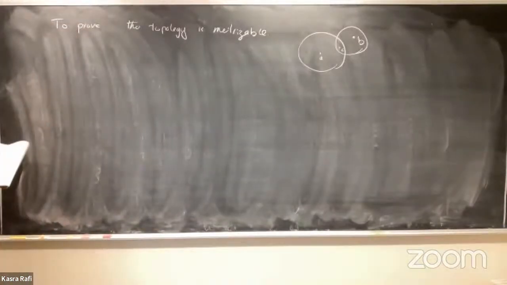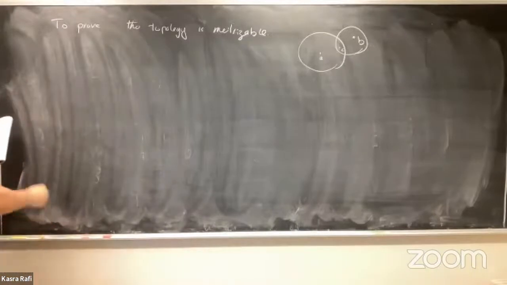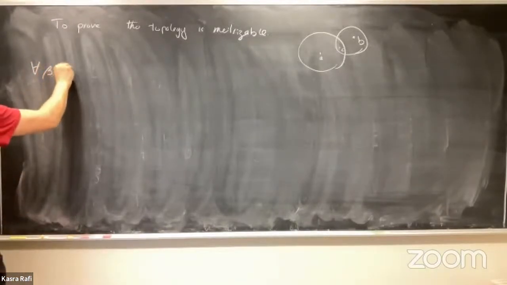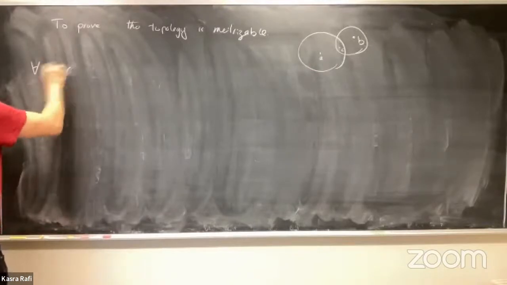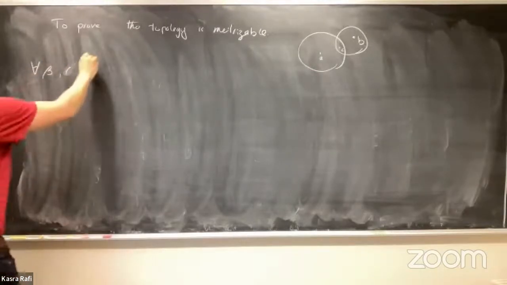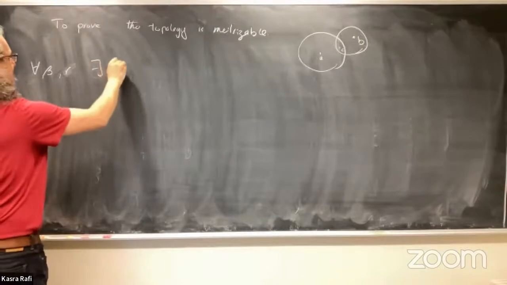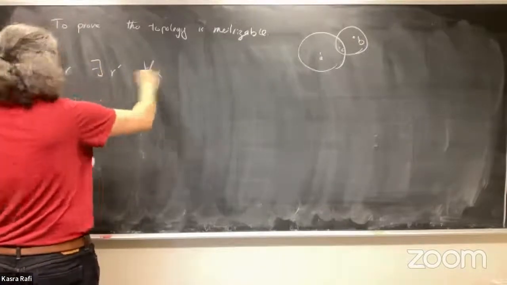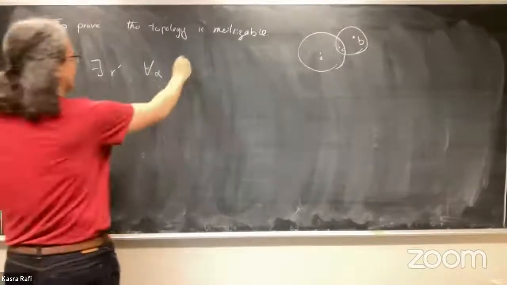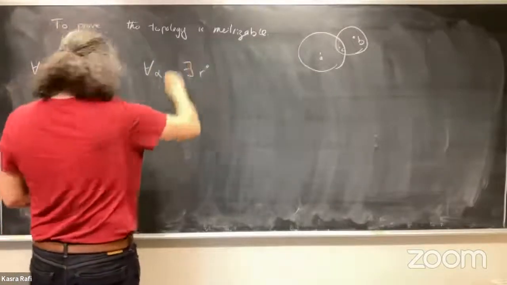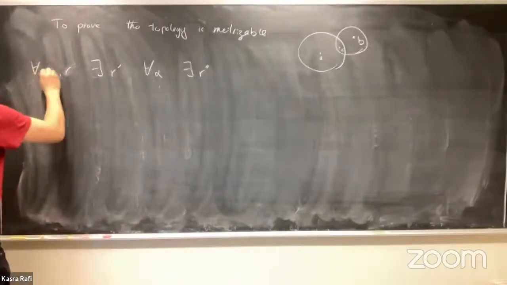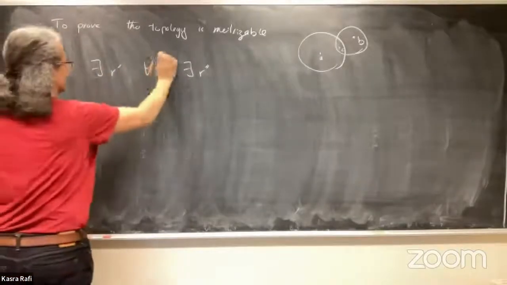So for our purposes, this picture kind of translates to something like this. So for every beta and R, there exists R prime, such that for every alpha, there exists R double prime. Actually, maybe I pick this guy to be geodesics if you guys don't mind.